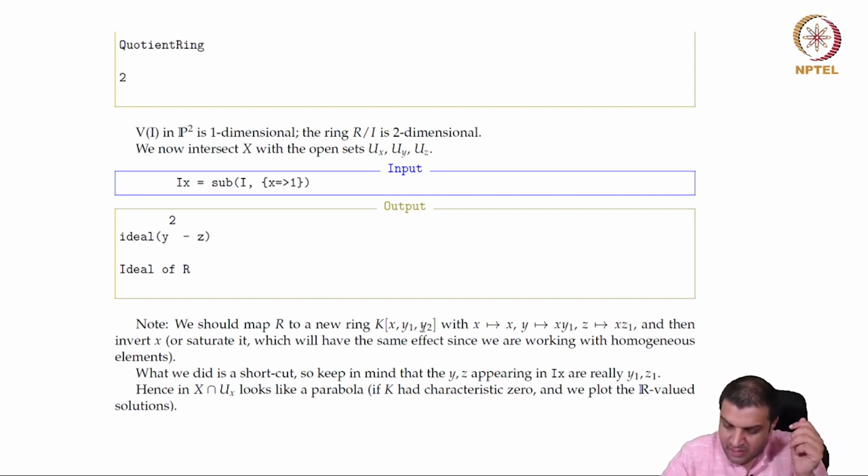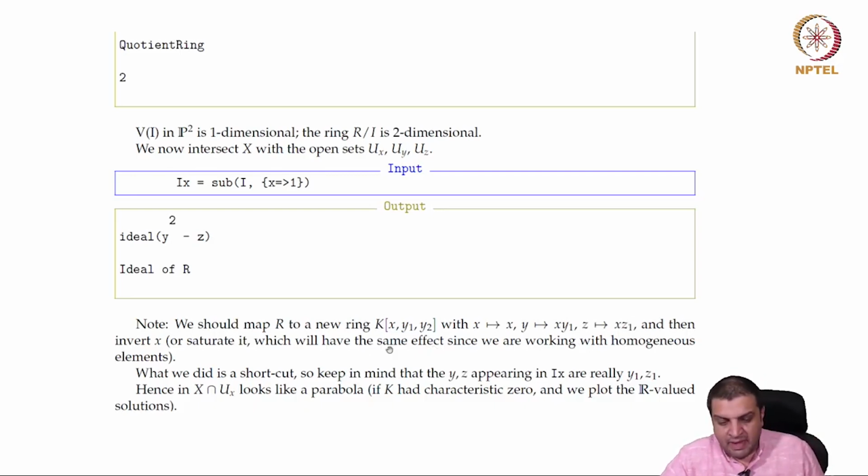This should be z1. So it should be mapped to a polynomial ring in three variables. x as it is itself, y1 should be y over x, and z1 should be z over x. So that's what is written here. x times z1 is z.